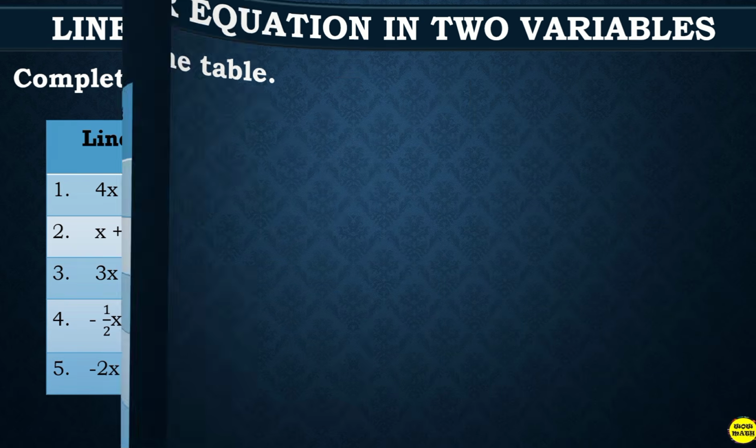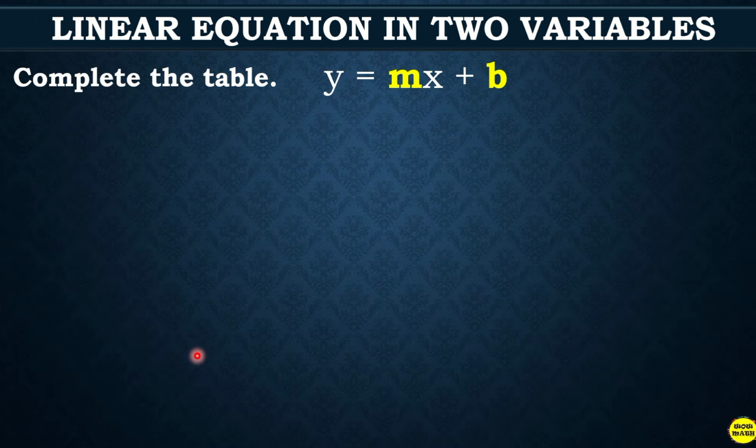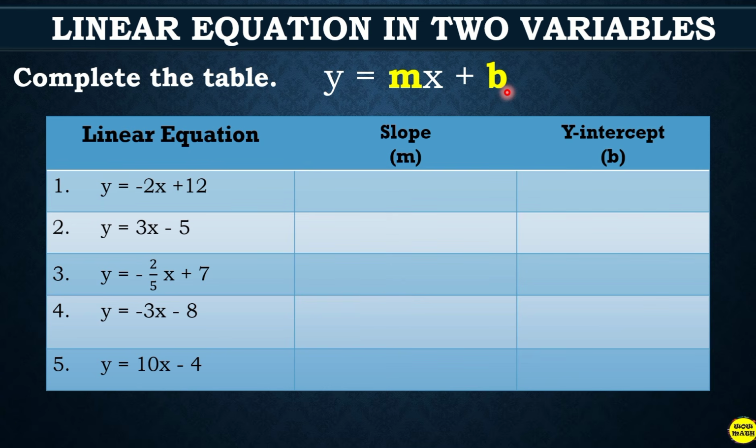Okay, let's proceed to the slope-intercept form, which is y equals mx plus b, where your m again is your slope and your b is your y-intercept. So this is one way of writing a linear equation in two variables, the slope-intercept form, because you have the slope and the y-intercept. Okay, let's complete the table. So we can only get the slope and y-intercept.